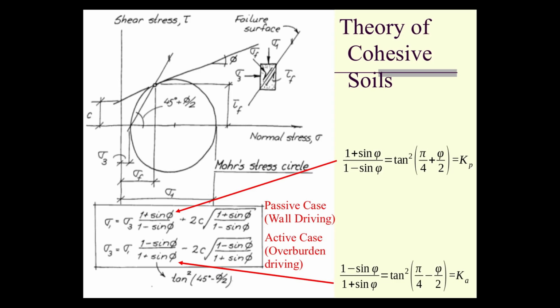And you'll notice that Ka is 1 minus sine phi over 1 plus sine phi. I said those two were reciprocals. They are. For cohesionless soils in Rankine theory, level backfill, Ka and Kp are reciprocals of each other. Keep that in mind. It's a very handy little rule. Tangents, and you'll notice that it can be expressed differently.